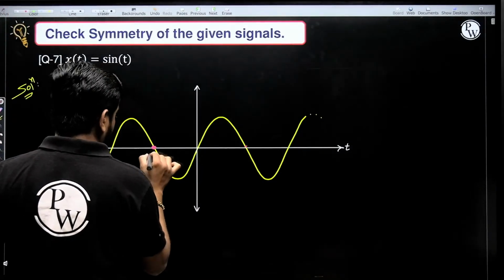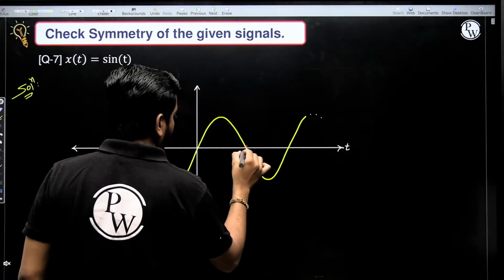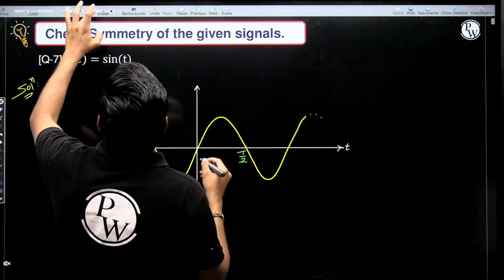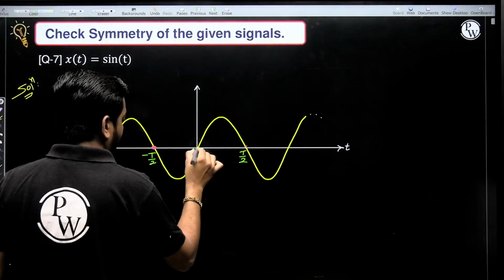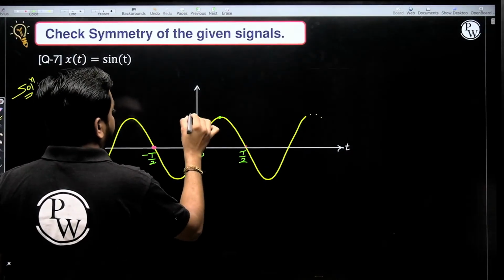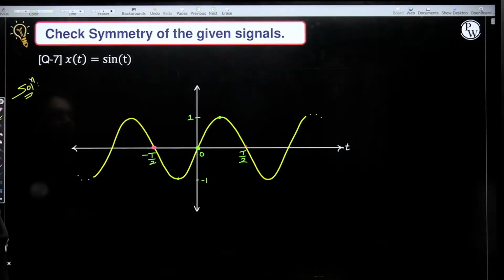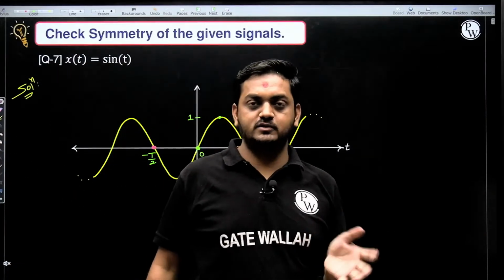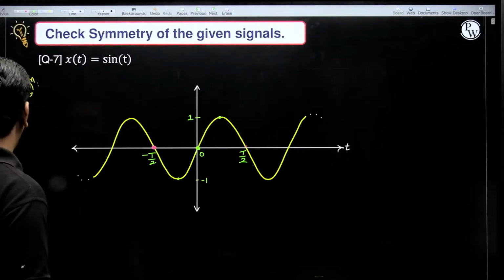From minus T by 2 to T by 2, this is the origin, 0, here the amplitude is 1, and here minus 1. I am taking only one cycle because this is a periodic signal, so I am doing the observation only for one cycle.